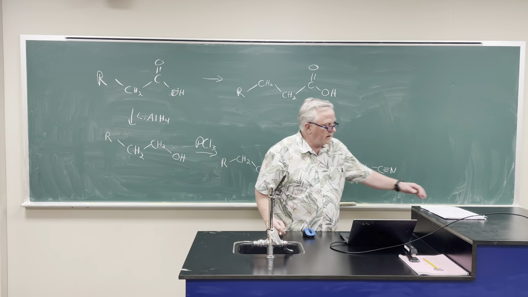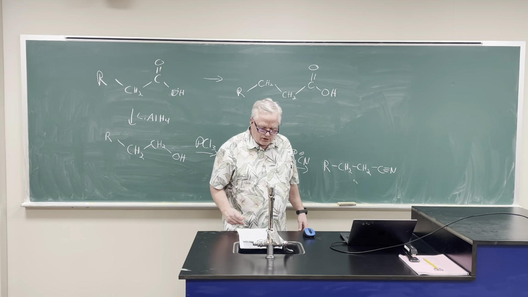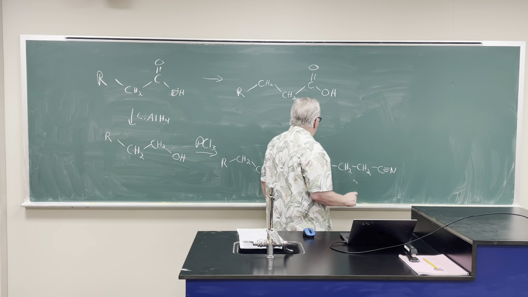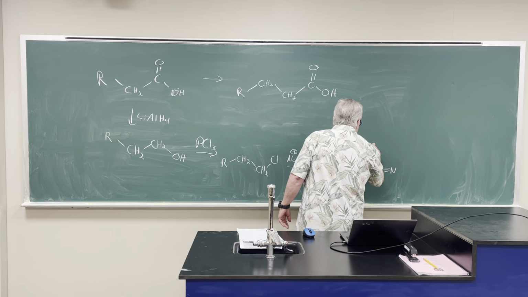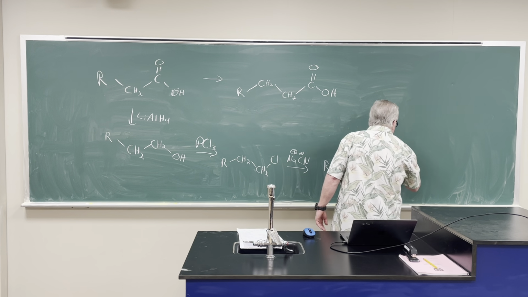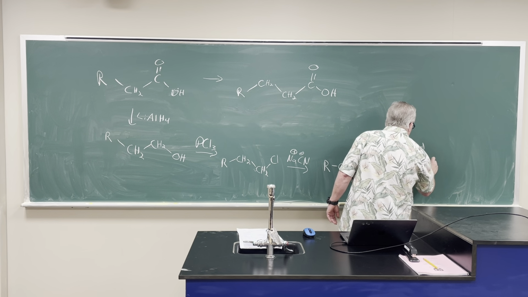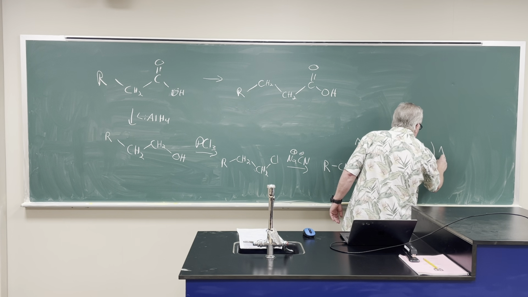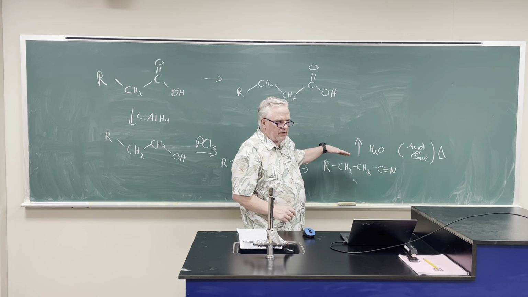And our nitrile can, well, not easily, we have to treat it kind of extremely, but we can treat it with water, and we can do this with either acid or base. Both will work. We also have to add some heat. That's what the little triangle means. This is a stubborn reaction.